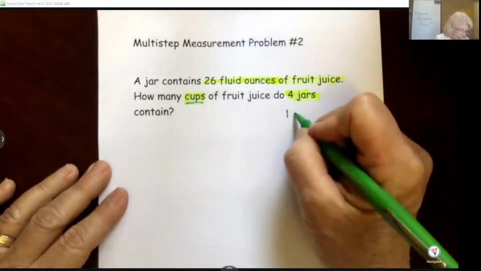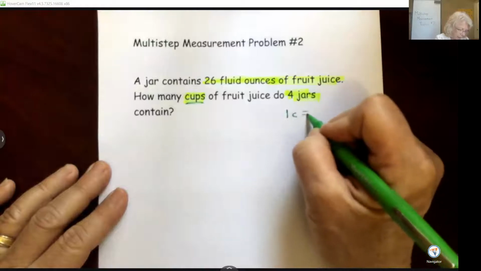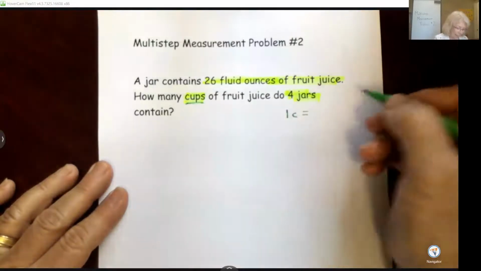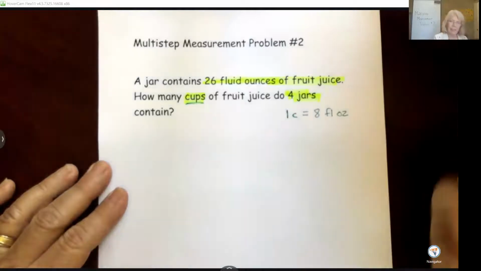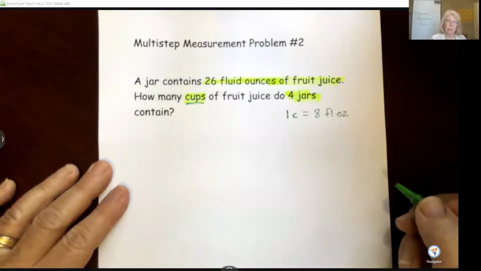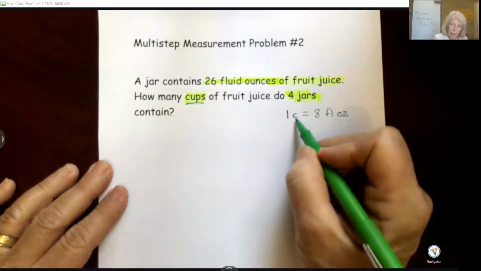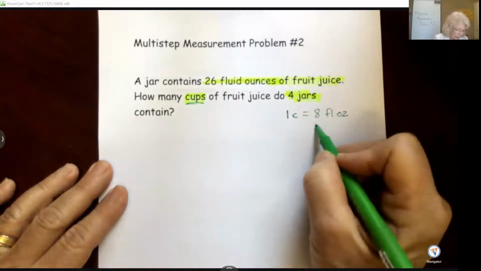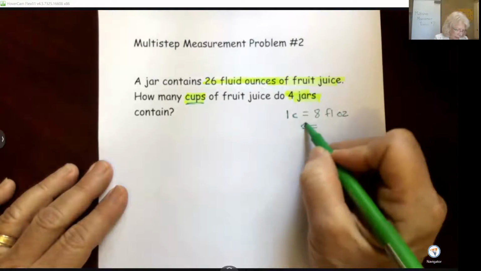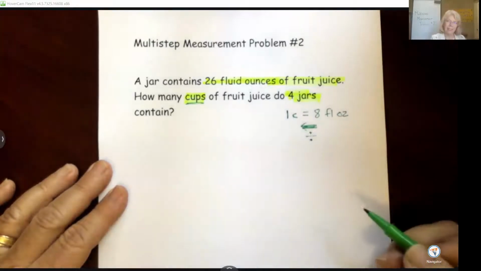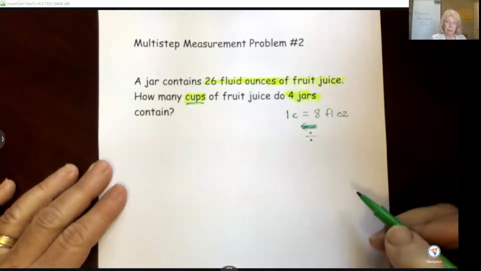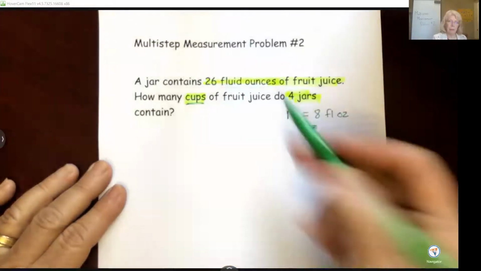So we're going to have 1 cup is equal to, do you remember, 8 fluid ounces. Okay, so that's our relationship. Now we have to end up with cups, which means we're going to be going this way, which means that we are needing to divide. All right, but before we can divide, we need to figure out what's going on with this problem.